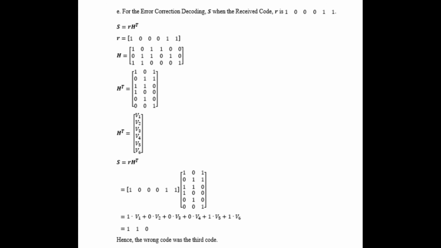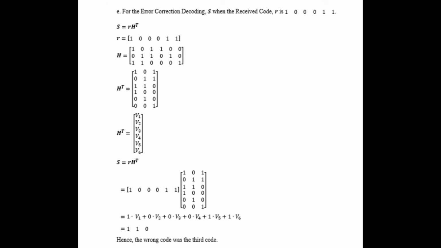Hence, H transpose is a 6 times 3 matrix with rows 101, 011, 110, 100, 010, 001. Then, the 6 rows are defined as vectors 1 to 6 respectively for a simpler presentation of the calculation.